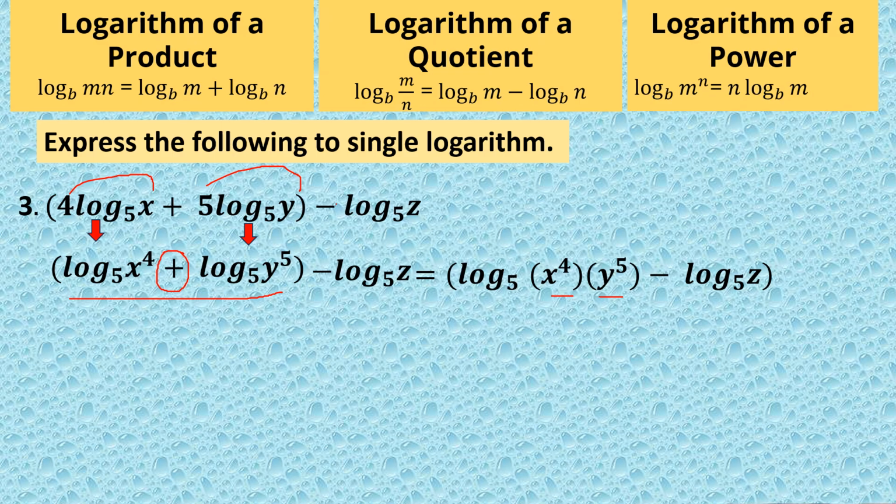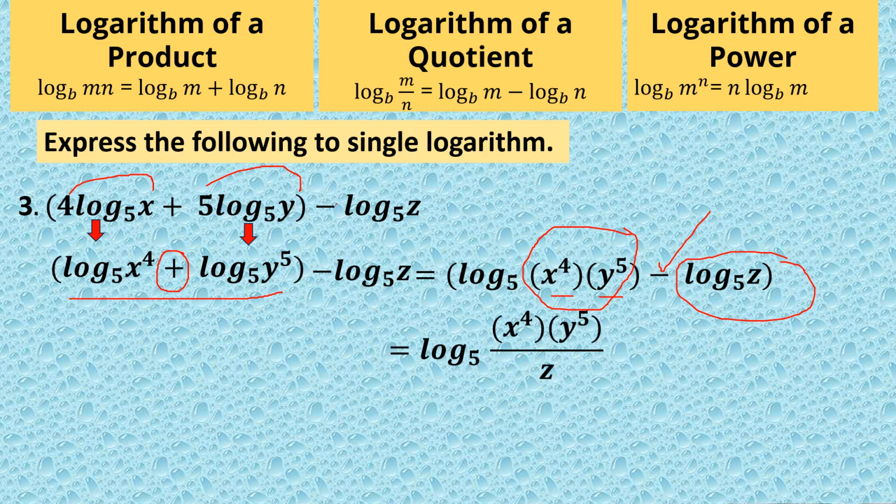Since it is a minus, we apply the logarithm of a quotient. We consider the product as our numerator and this as our denominator. So we have written x to the 4 y to the power of 5 as our numerator, and then log of z to the base 5. We write only the z because the base 5 is written once only.